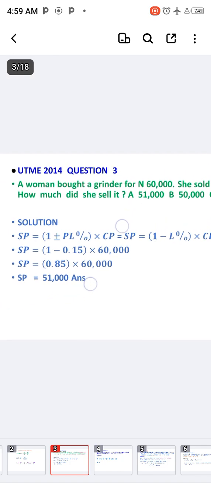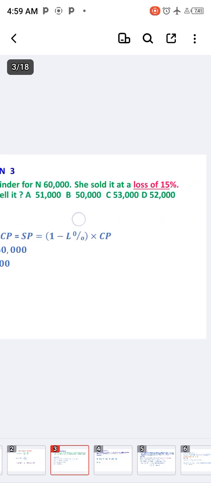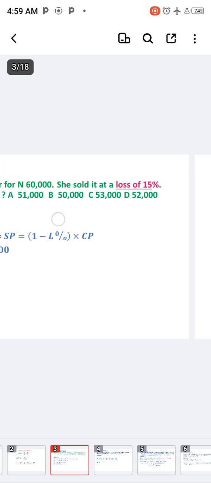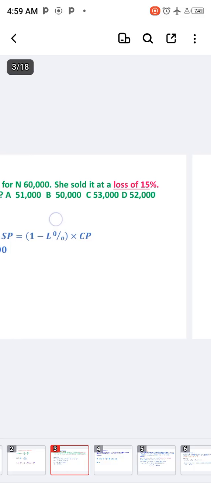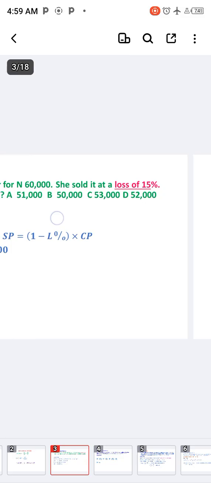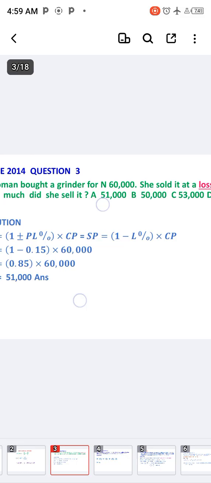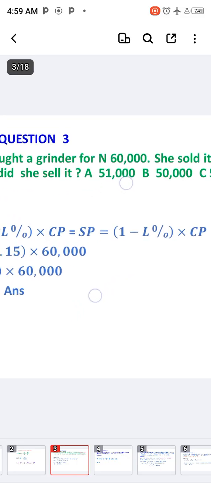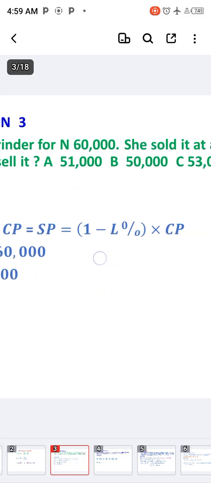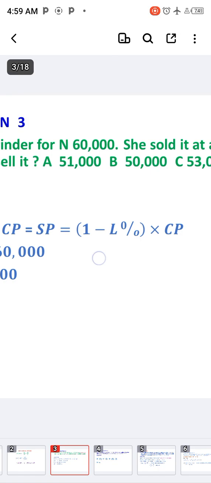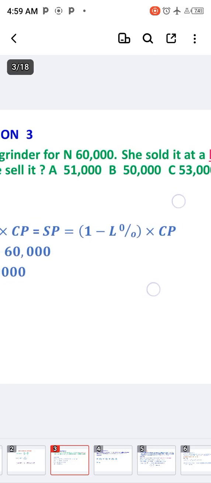And the question here is in connection to a loss of 15%. Because it is talking about a loss of 15%, that formula will be adjusted as selling price is equal to 1 minus loss percent multiplied by the cost price.